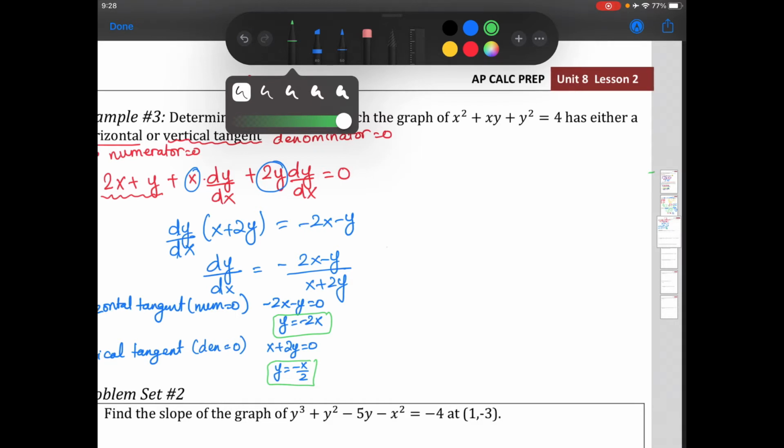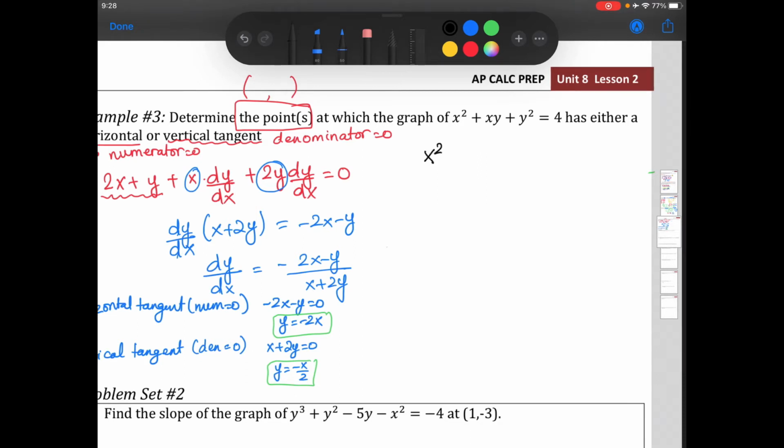So let's get started with the first one. So all I'm doing is substituting in. Wherever I see y, I'm going to substitute it with negative 2x, so x squared plus x times negative 2x plus negative 2x squared equals 4.